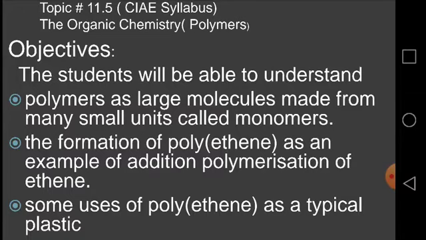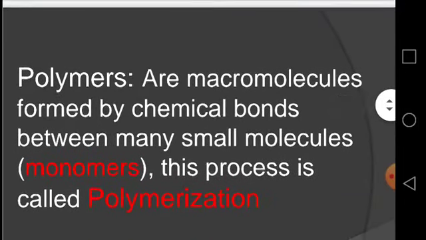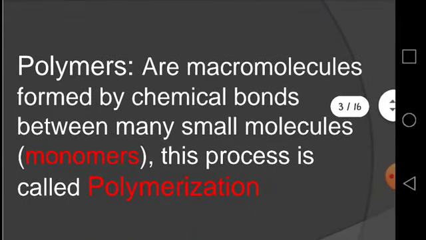So, to fulfill our objectives, dear students, we are going to have a basic understanding of polymers. What are polymers? Polymers are basically macromolecules formed by chemical bonds between many small molecules, and these small molecules are called monomers.